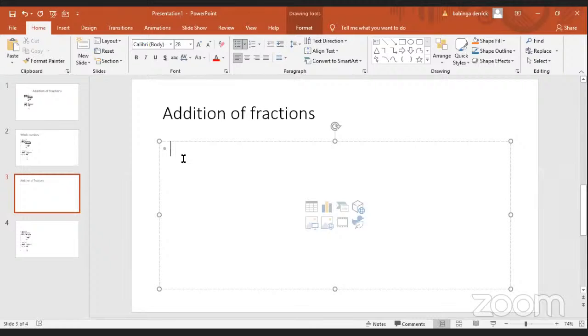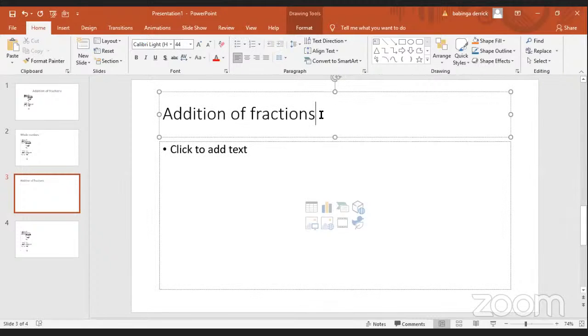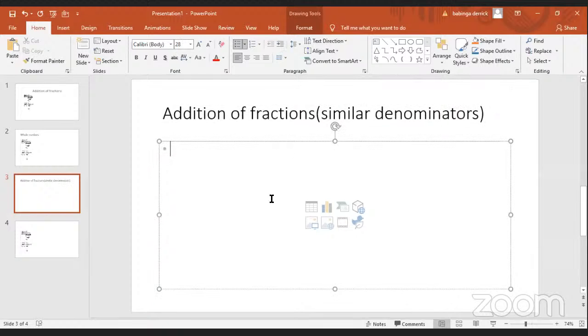Yes. Okay. So when we are looking at addition of fractions, that's our topic. But I want us to have just some little revision about fractions with similar denominators. I hope each one of us knows that a denominator of a fraction is the lower part of a fraction.